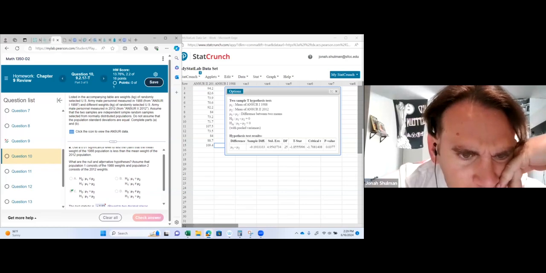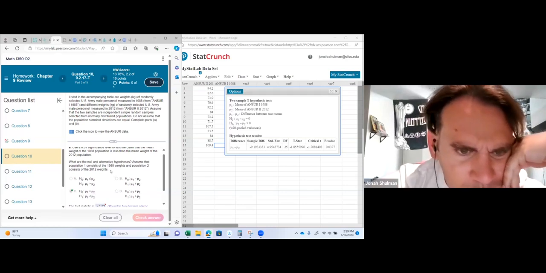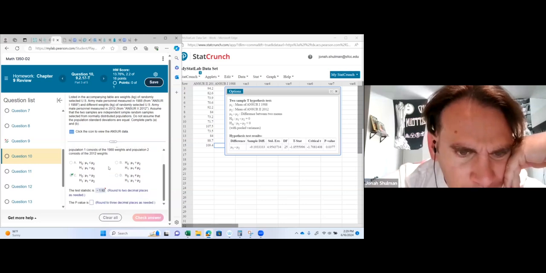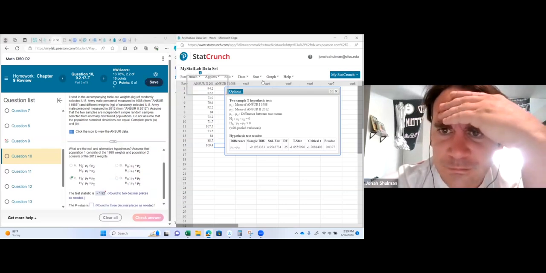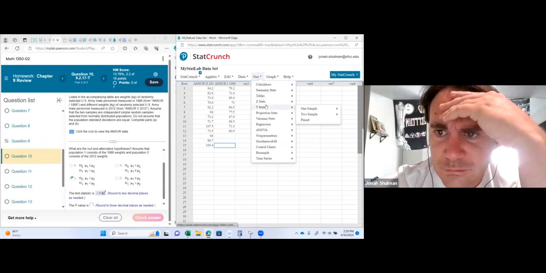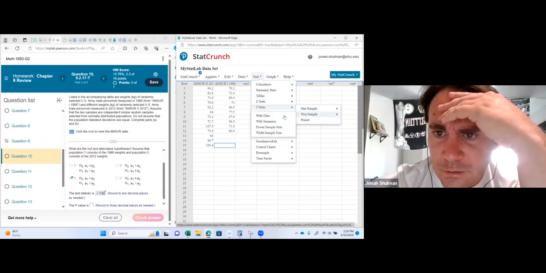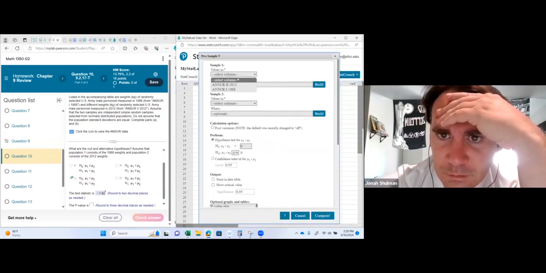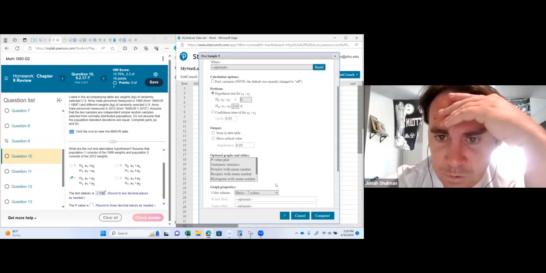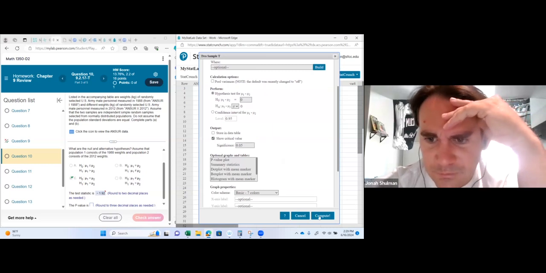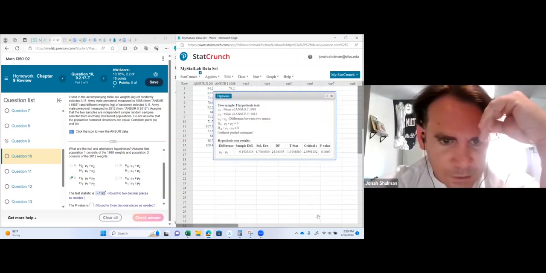So the population one is the 1988, population two is the 2012. Okay. Do I not pull the variance? That'd be so weird.